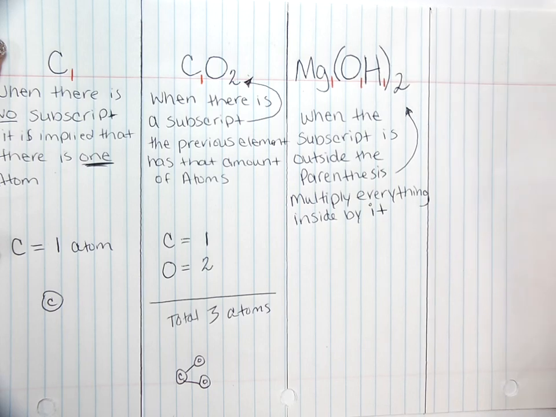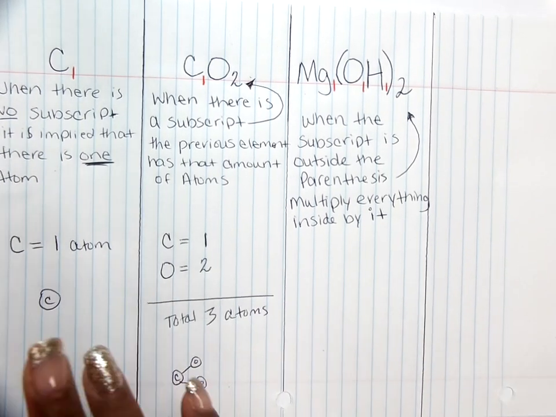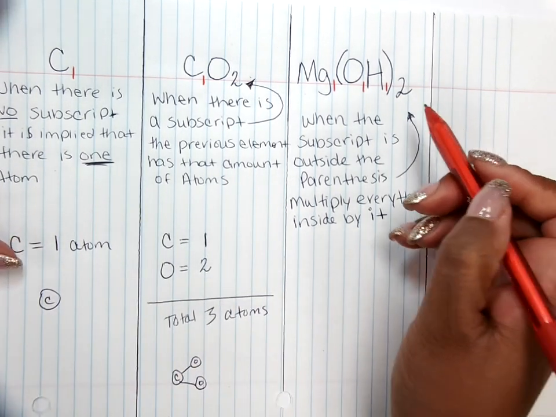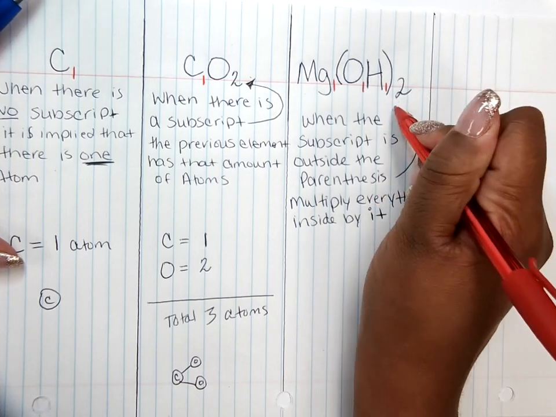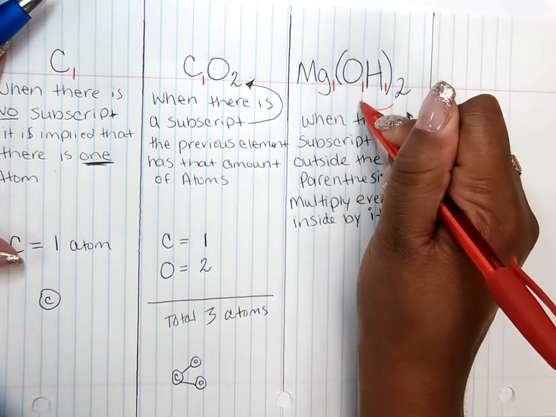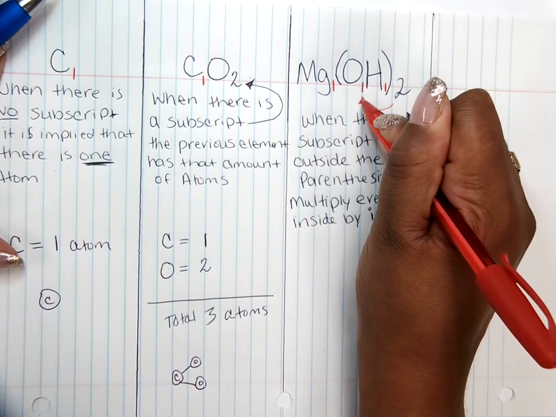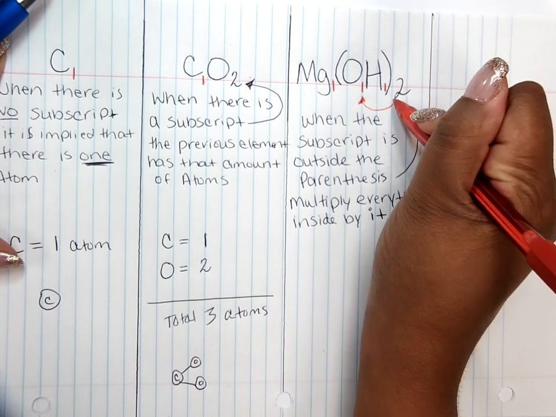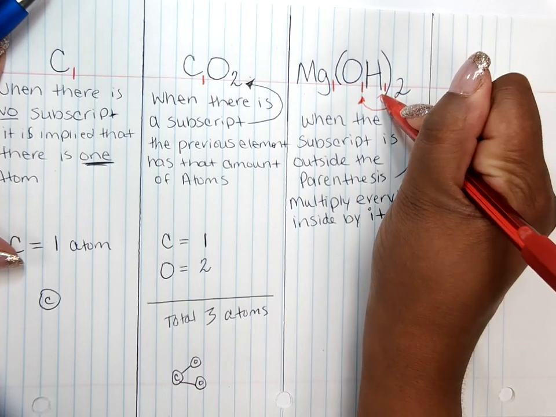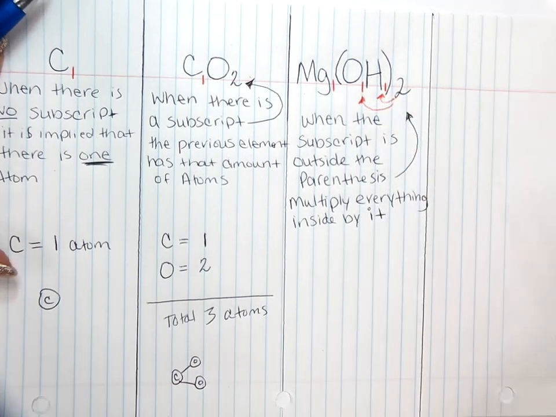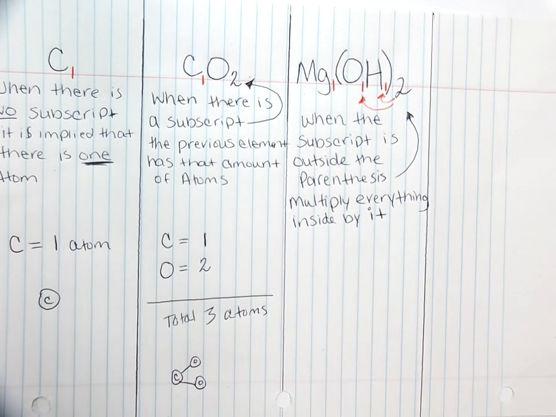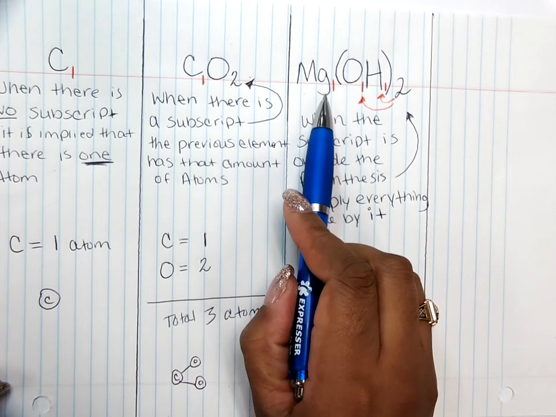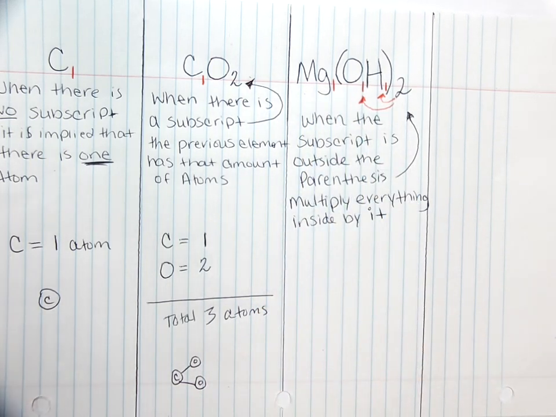So for example, you're going to take this 2 and multiply it by your subscript here, which happens to be 1. Then you're going to take this 2 again and multiply it by the subscript here, which happens to be another 1. Not by any element that's outside of the parentheses.